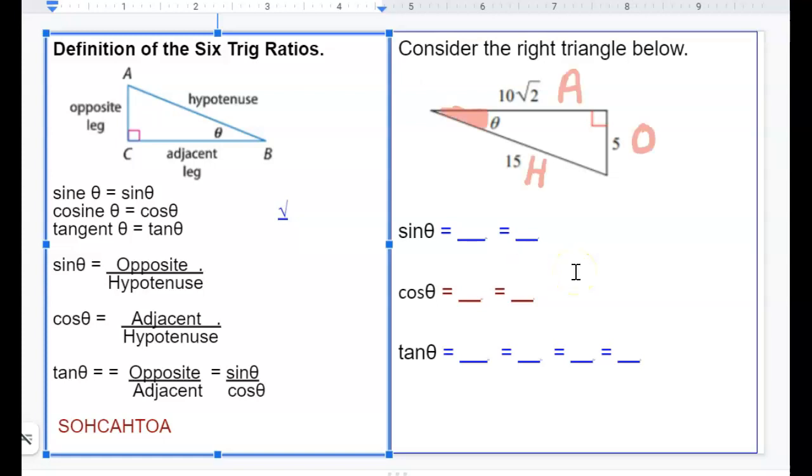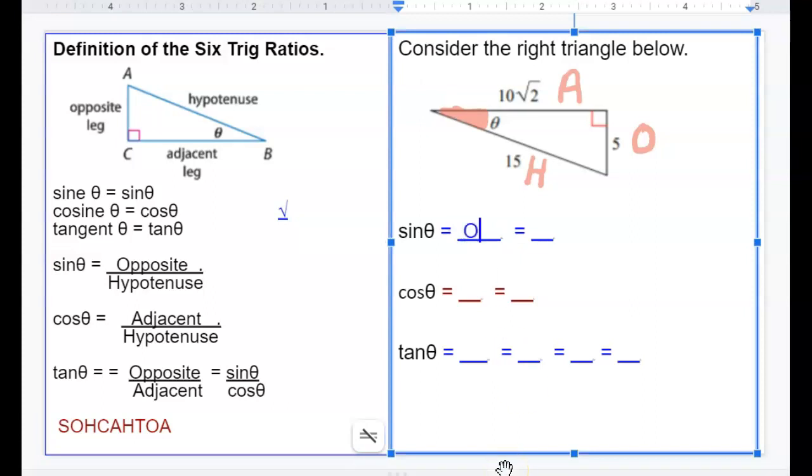So now let's look at our trig ratios. Sin theta. Again, remember, by definition, sin theta is what? If you look at SOHCAHTOA, sine is opposite over hypotenuse. So sin theta, by definition, is opposite over hypotenuse. I'll just write it here just to guide you, but you don't need to write that down. And what is our opposite side?